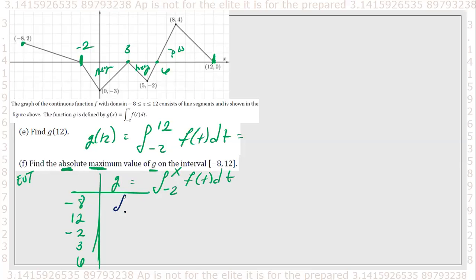So it's gonna be -2 to 8 of f of t, so pretty much the area from -2 all the way to 8. So whichever one of these has the maximum value as a solution is gonna be your maximum height.